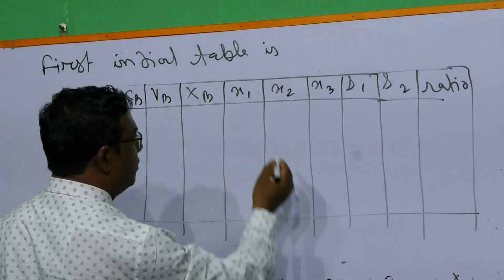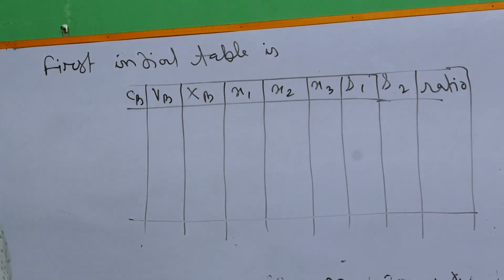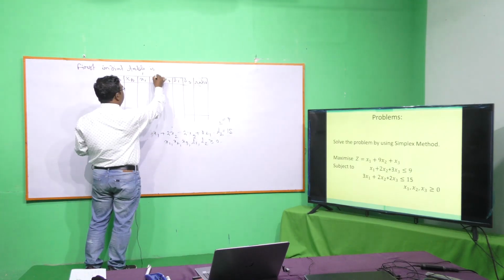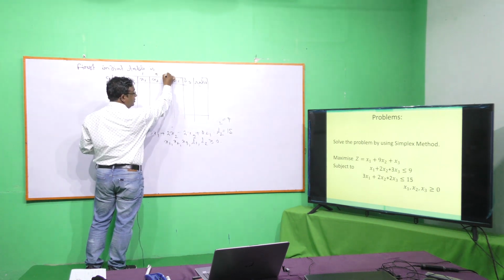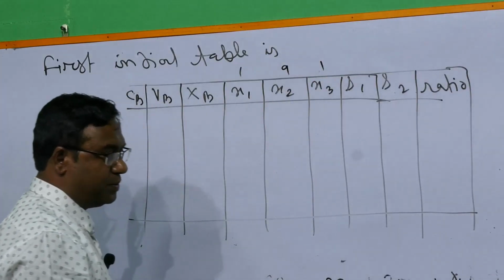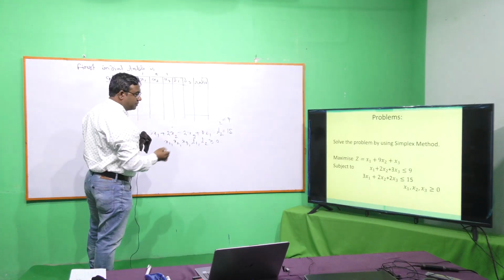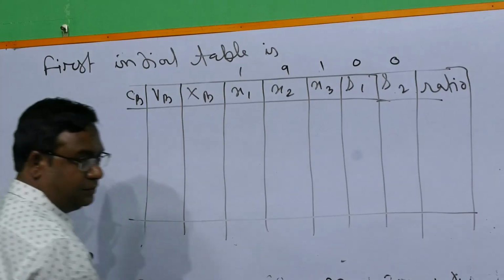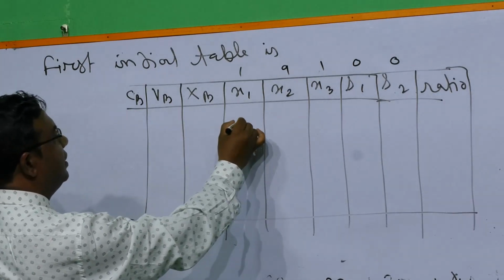So the coefficient of x1 is 1, then 9, 1. These coefficients are from the objective function. You take 1, 9, 1, then 0, 0. Then second, you have to fill up here.